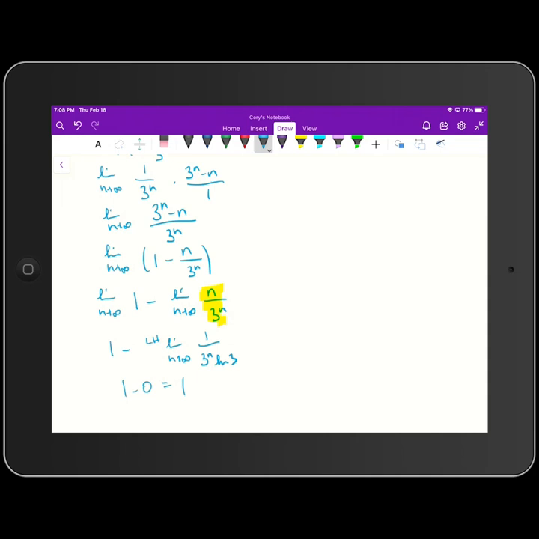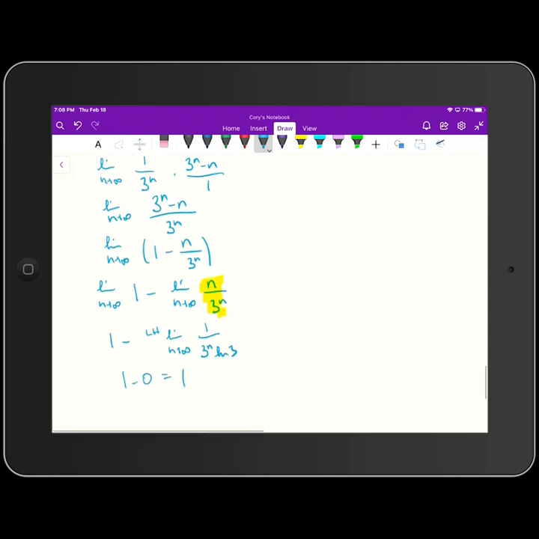Okay, so we can utilize the limit comparison test. I'm going to write up my justification for the limit comparison test here.